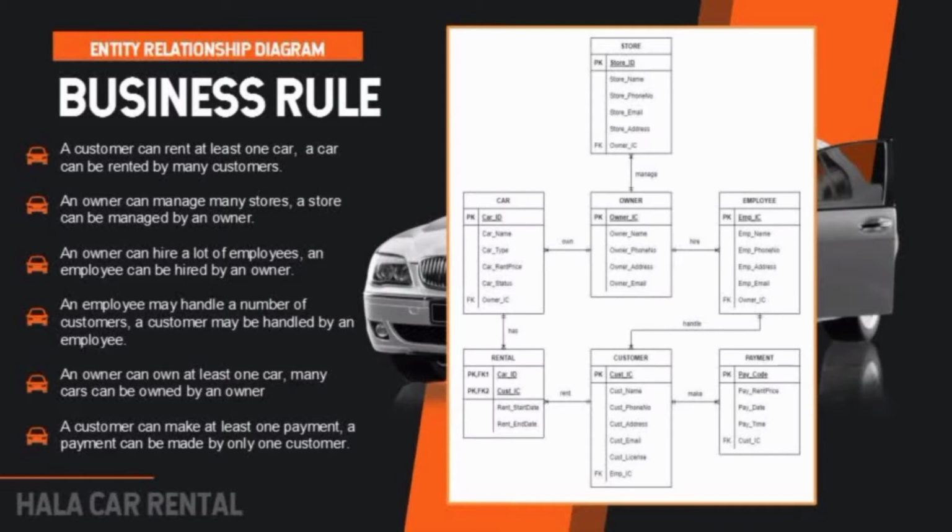The foreign key is employee IC. Rental has primary key and foreign key 1, car ID, primary key and foreign key 2, cust IC, rent start date, rent end date. For the payment, the primary key is pay code, with pay rent price, pay date, pay time, and the foreign key is cust IC.